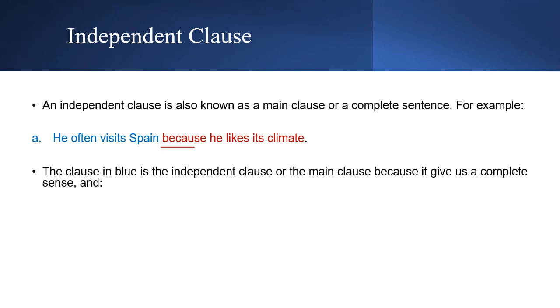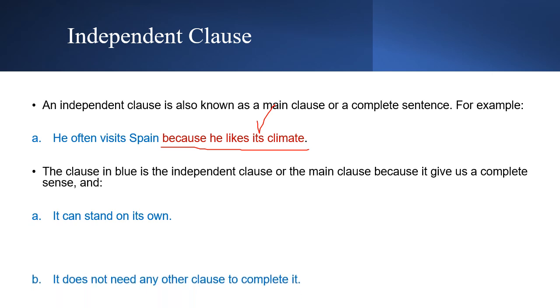Because he likes its climate gives us incomplete information. We know that something is missing. We don't know what "its" refers to if we don't have the other sentence, and we don't know the context of this sentence. The blue one can stand on its own.